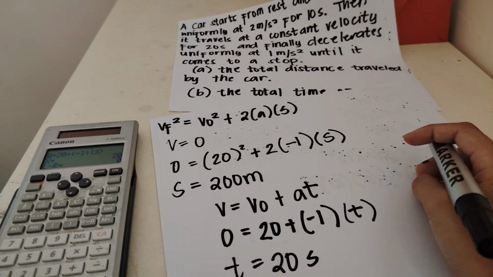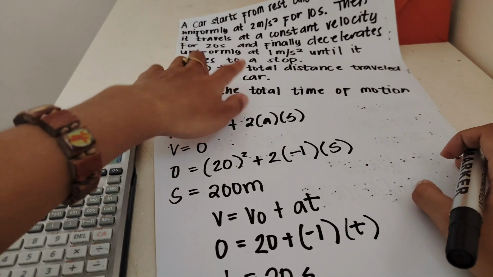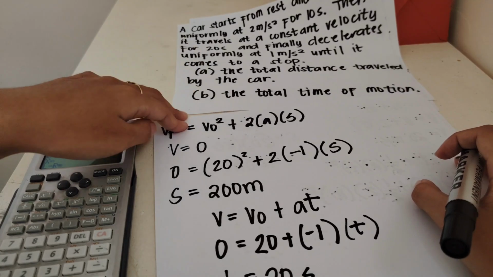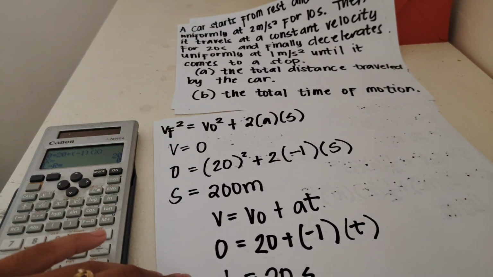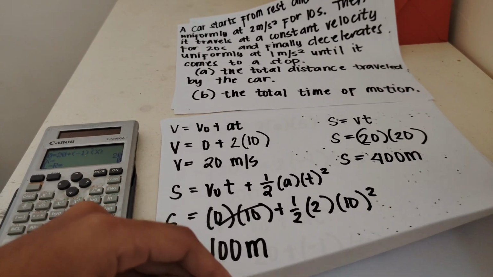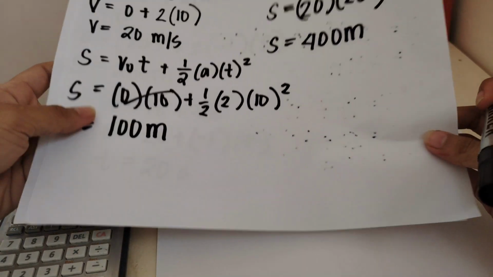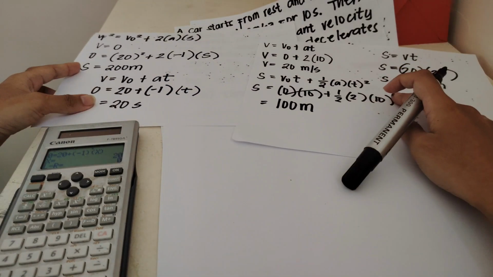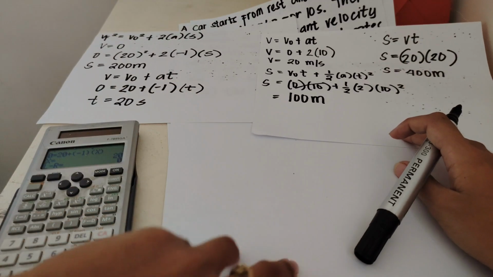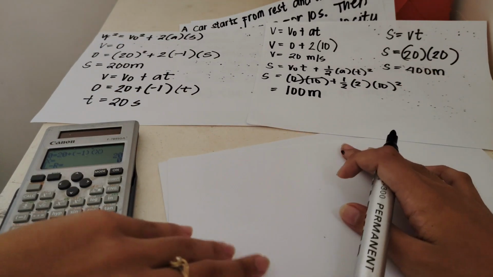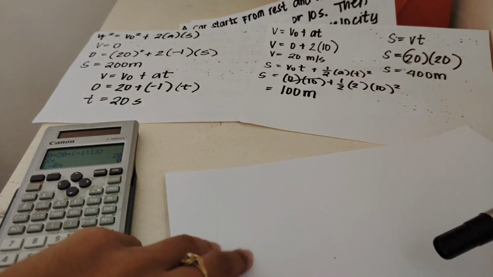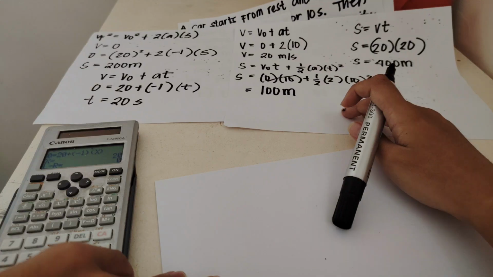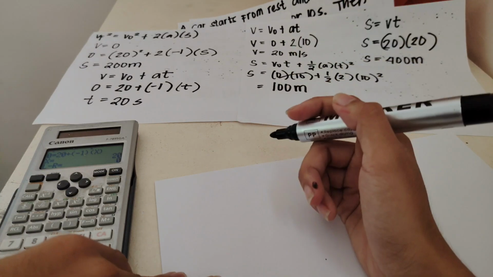So now we will find the total distance traveled by the car and the total time of motion. So the total distance, we will write it here. To find the total distance, we are going to add all the distances we found.